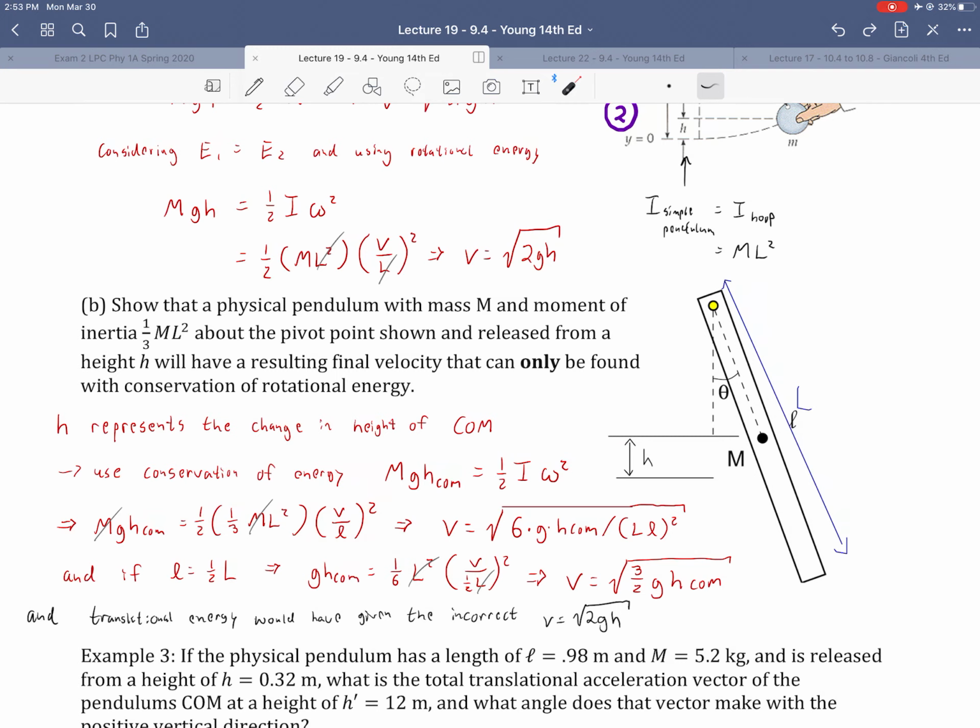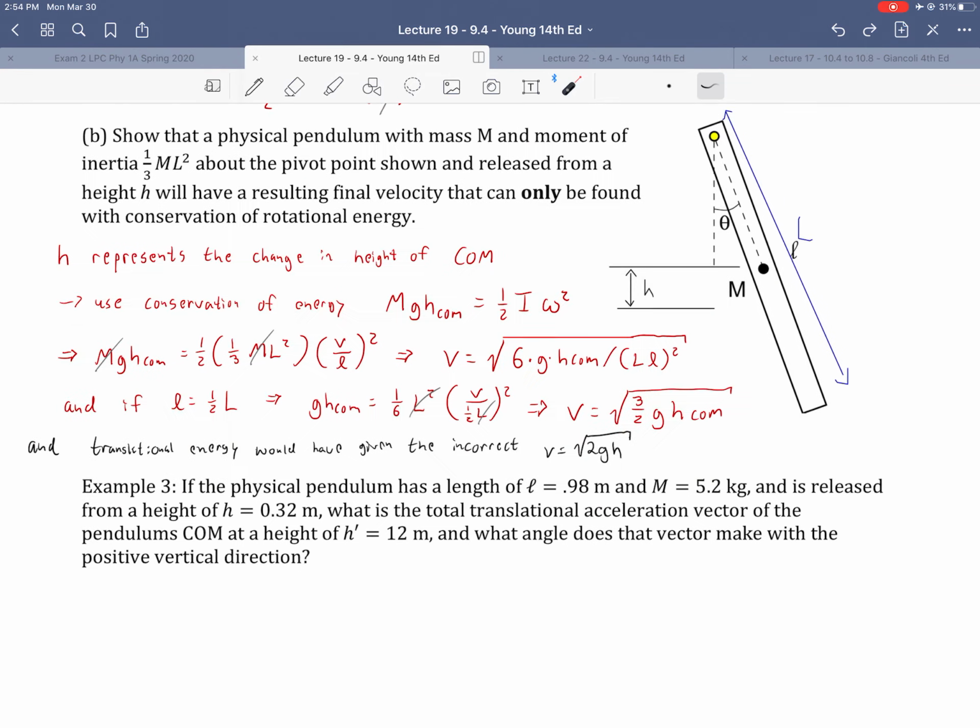This v over L, that's because v is the translational velocity of the center of mass. Little l is the distance from the pivot to the center of mass. Even though in the figure it looks like I'm calling L the overall distance, I'm actually not. I'm saying that the overall distance is big L, although this looks like chicken scratch or maybe an arrow. This big L is actually referring to this overall vector here, and then little l is this dotted line. Okay? All right, good.